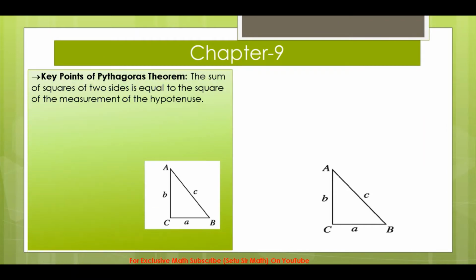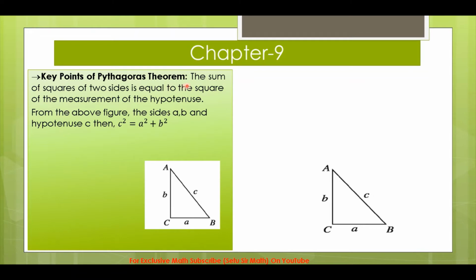Now, key points of Pythagoras theorem. The sum of squares of two sides is equal to the square of the measurement of the hypotenuse. For better understanding, I am using some examples. From the above figure, the sides a, b and hypotenuse c, then c square equals a square plus b square.